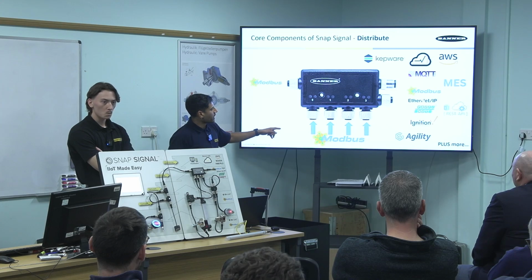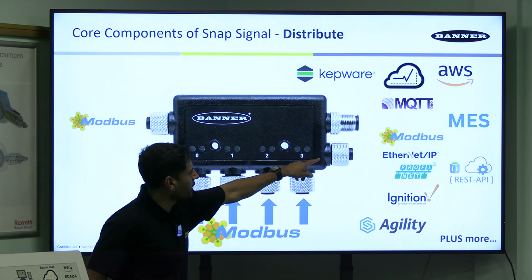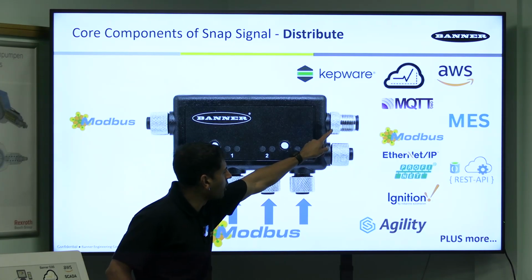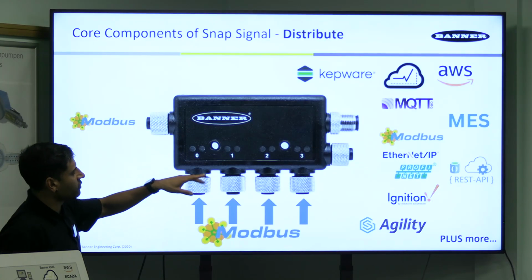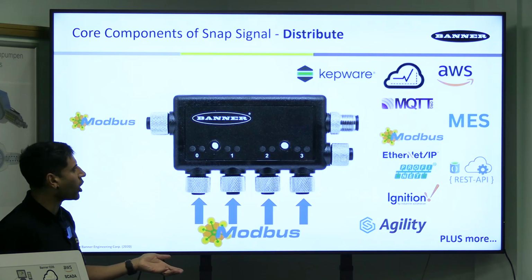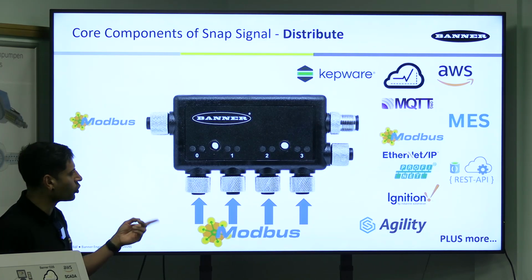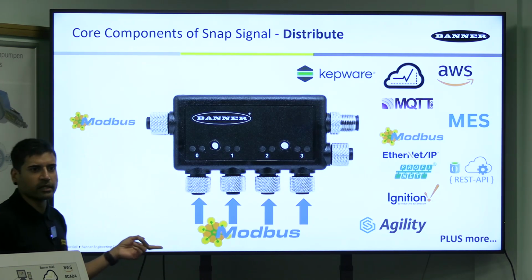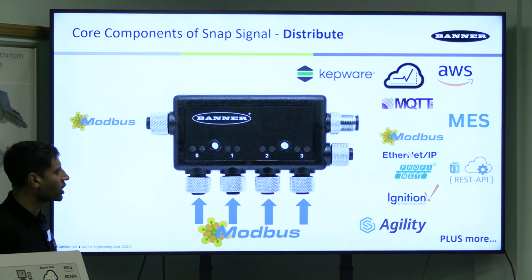So on the outset, we've got our industrial Ethernet port just here, that's power. And we've connected these to our cloud and AWS. It's been tested by Banner, but we've been working with companies, a CMMS company called Agility, and we've proved that we can talk to Agility via a web server.